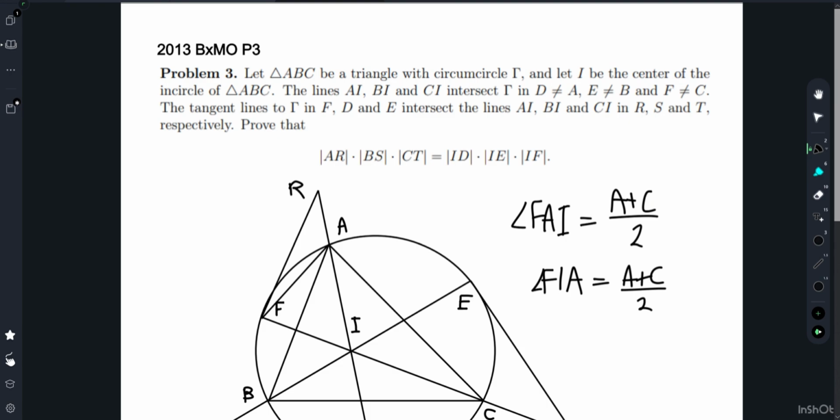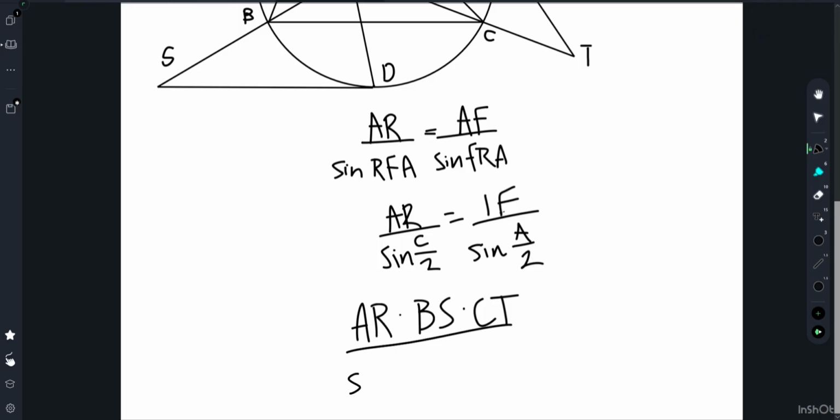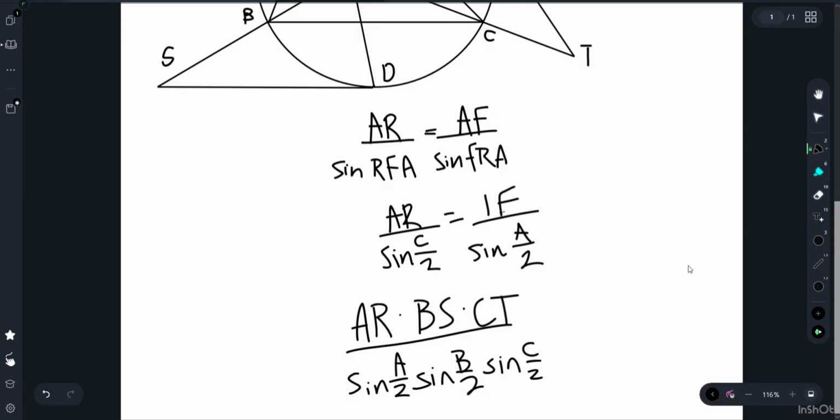Multiplying all three equations together, we can do the same process for BS and CT, but basically what we will get is AR times BS times CT, and then in some order we'll have sine A over 2, sine B over 2, sine C over 2. I don't actually know, for example, which sine would correspond to BS, but we do know that all three sines will be included when all three multiply together.